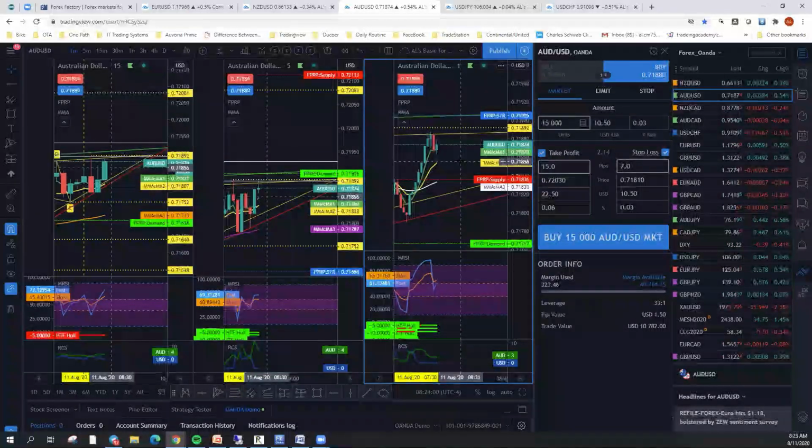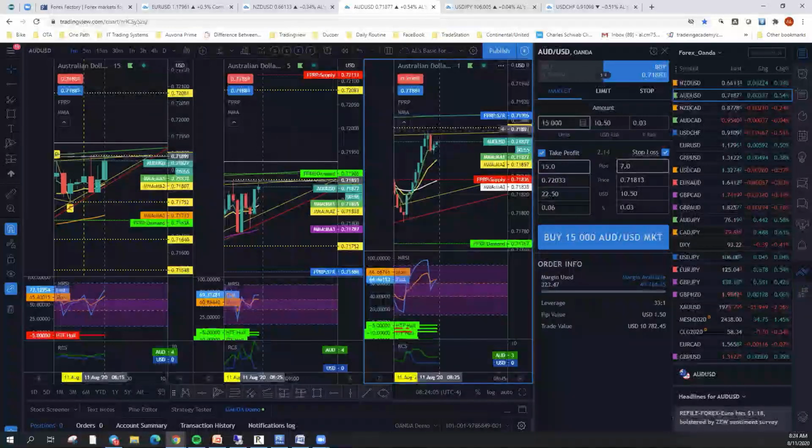The blue line or the dotted yellow? The dotted yellow. Yeah, we see a blue candle close above this dotted yellow line inside our range here.